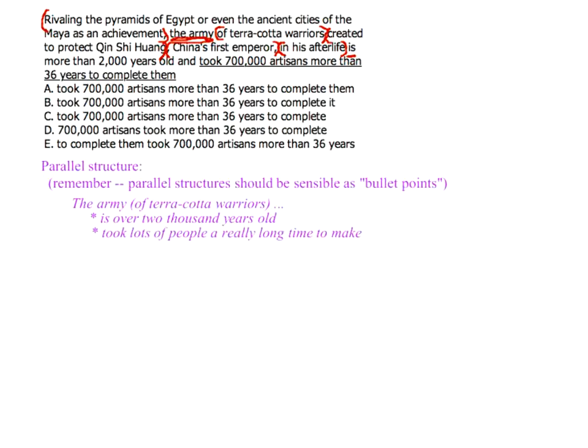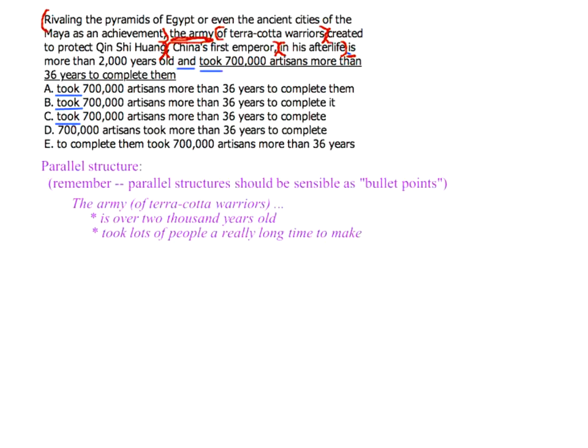So these are the two things that should be expressed in parallel structures. Like it's two facts about this army. The army is really old, and the army took a lot of people a really long time. So this is parallel in that respect. So is this. So is this.